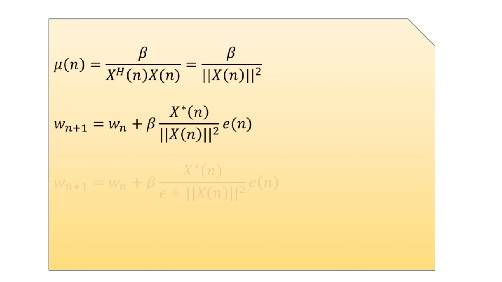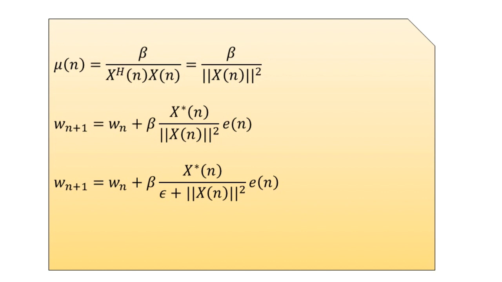This modified version is represented as W suffix n plus 1 equal to W suffix n added to beta multiplied by the complex conjugate of x of n divided by epsilon added to the square of the norm of x of n, with e of n multiplied by this ratio. Here one new factor is introduced in this representation, denoted by epsilon, which is some small positive number.